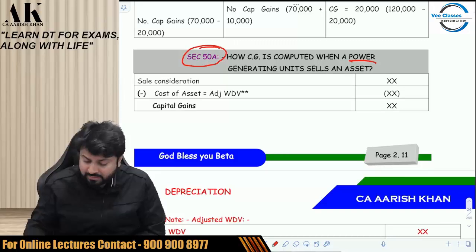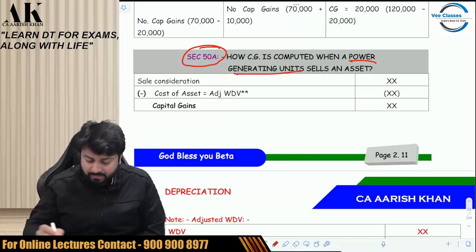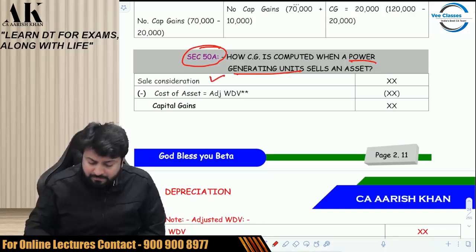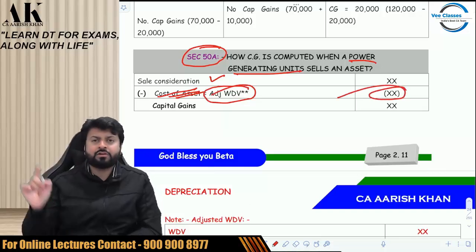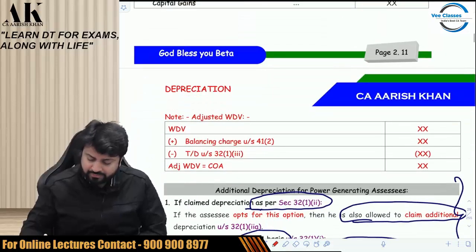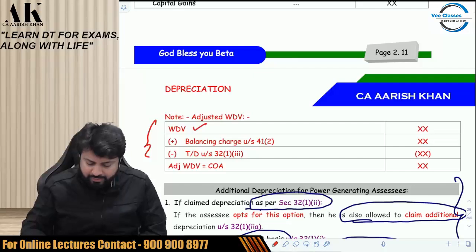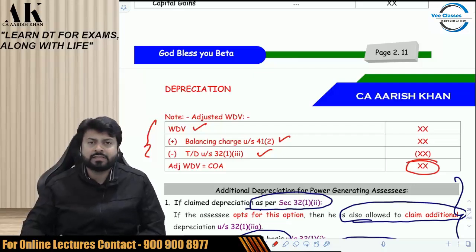In case of power generating units opting for SLM depreciation: sale consideration minus not the cost of asset but the adjusted WDV. You are not supposed to take 100 rupees here, but the adjusted WDV. What is adjusted WDV? It is WDV plus balancing charge minus terminal depreciation. Whatever is coming will be considered as adjusted WDV.